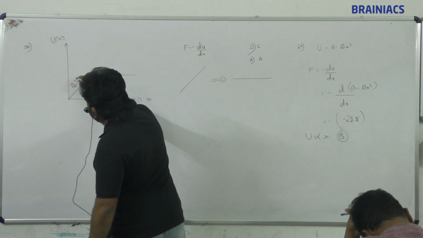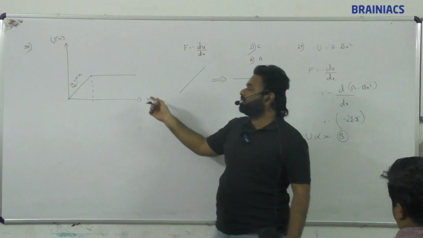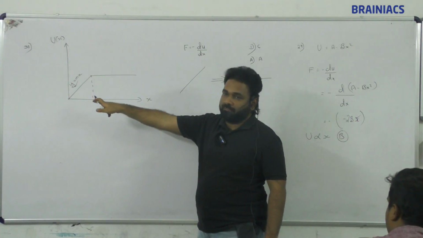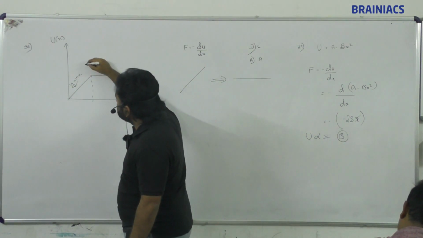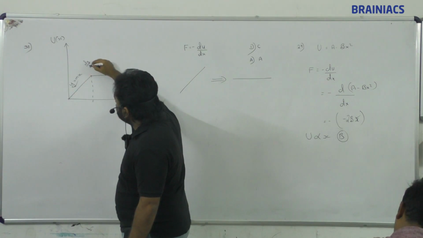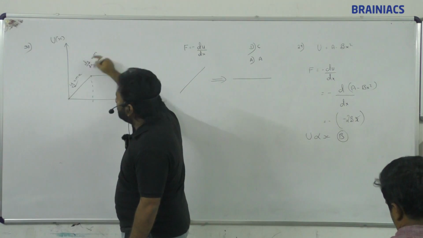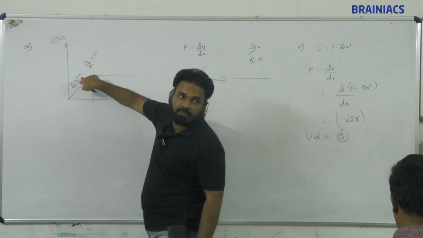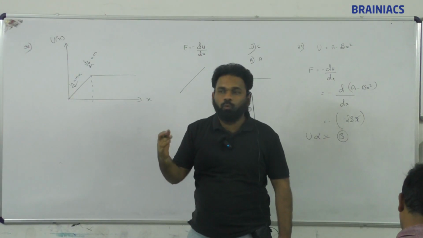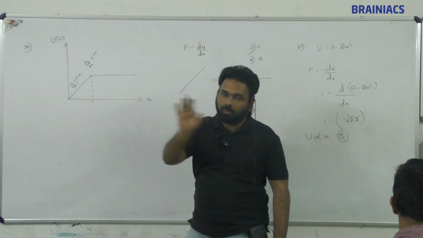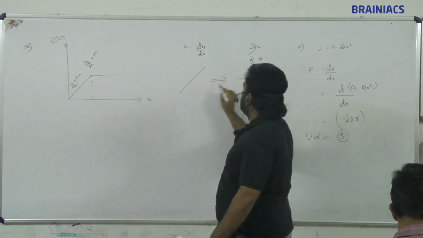If I write y is equal to mx, those who don't understand, at least in the previous case, must understand this time. Y is equal to mx. So if you differentiate this, dy by dx with respect to x, what will happen? This will become m, correct? This will become constant. m is a constant, whether 2, 3, 4, it will be 2, 4, 3 only, so that will become constant.